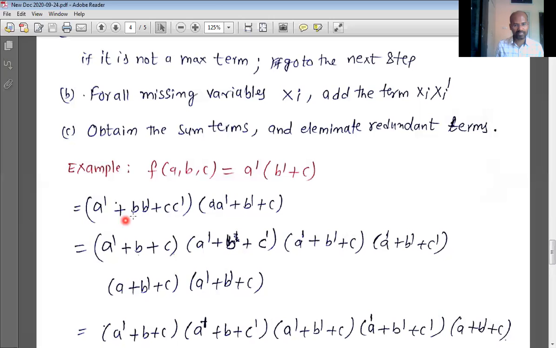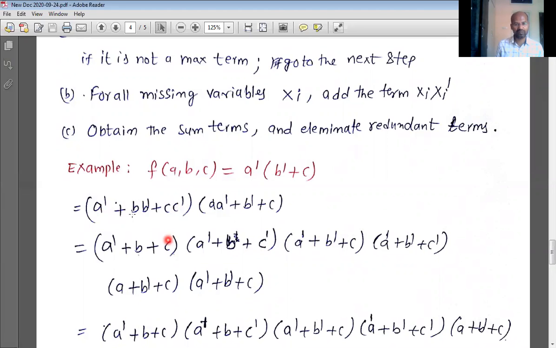A bar plus b plus c, considering this, that is one max term. A bar plus b plus c bar, that is another. Next, b is used. Let's use b bar this time. A bar plus b bar plus c. This is this one. A bar plus b bar plus c bar.